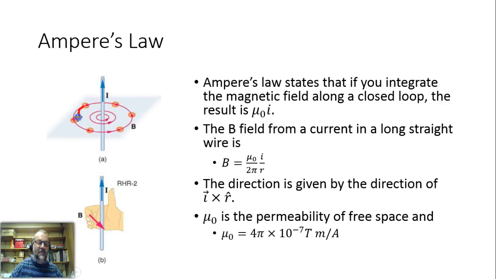If you go all the way around this thing, if you stay out at a given radius, the magnetic field is the same the whole way. And so the magnetic field times the distance you go is B 2 pi r, which means B 2 pi r equals mu naught I, or B equals mu naught over 2 pi, I over r. And the direction is given by the direction of I cross r.